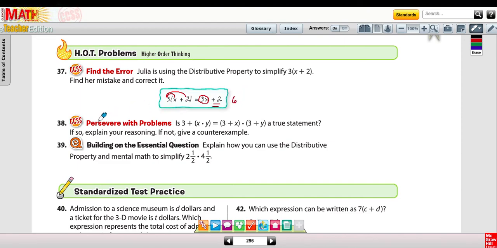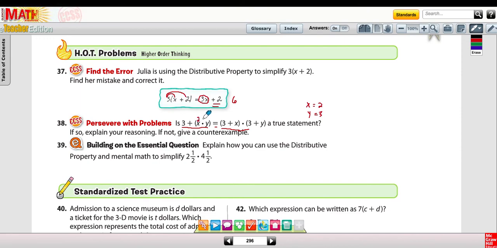And then on number 38, it says, is this algebraic expression equal to this algebraic expression? True or false? So one way you can prove this is just by coming up with a value for x and y. So let's just say x is 2 and y is 3. Let's put those numbers into this algebraic expression.